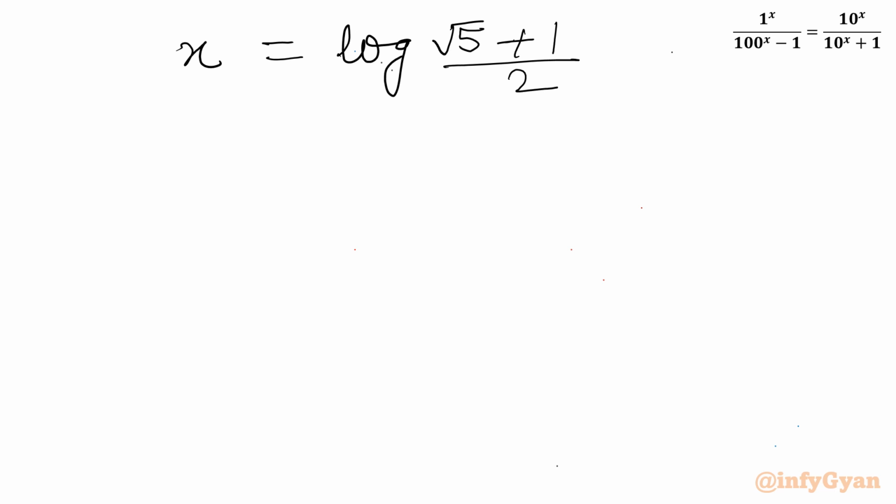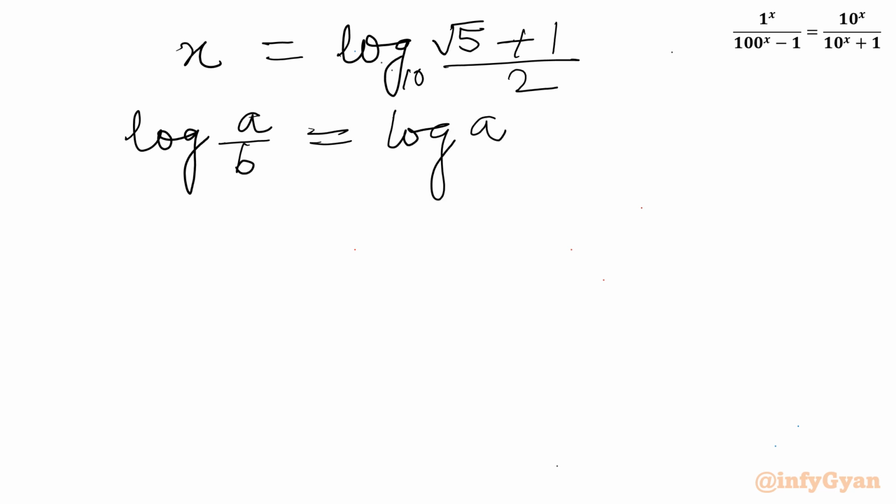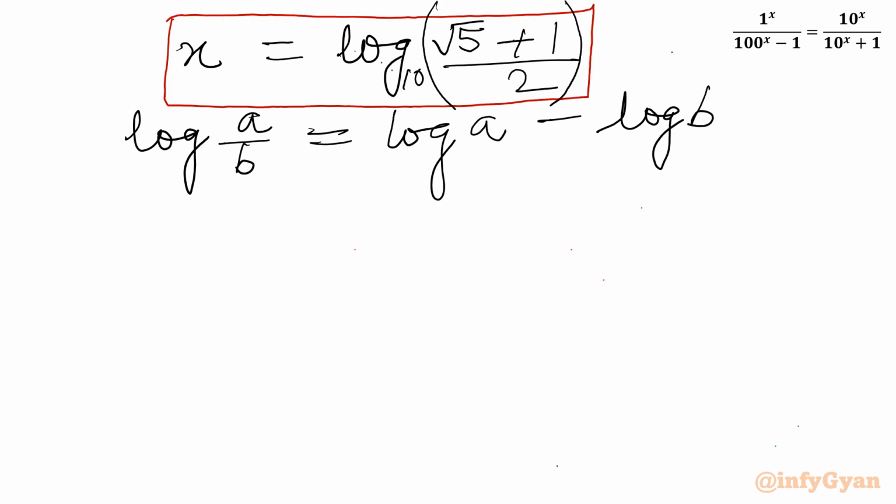We know the property of log a over b. This will be equal to log a minus log b, which we will apply here. So I can write x will be equal to log of root 5 plus 1 minus log 2.